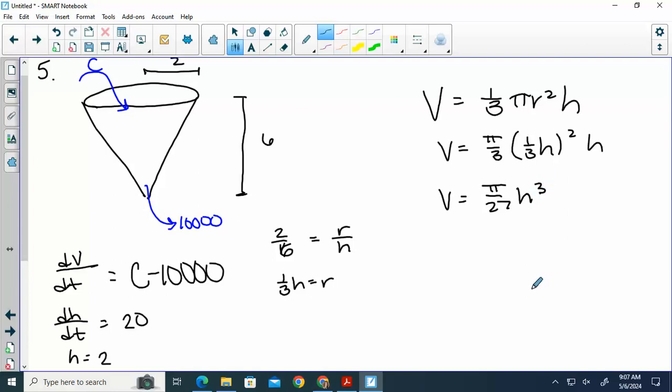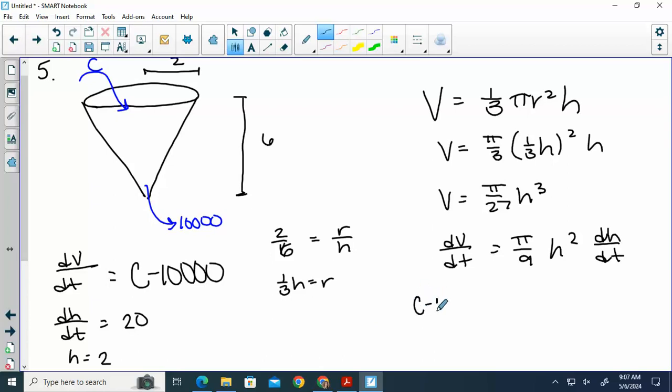So then what would we do? Derivative. So derivative of V would become 3 comes down, so 3 pi over 27 is pi over 9. h squared, derivative of h would be dh/dt. Plug in what we have.